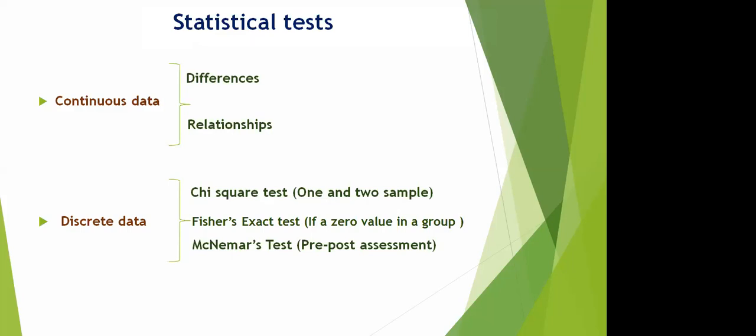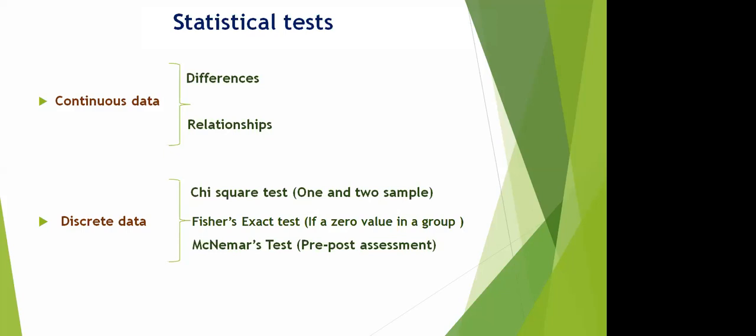These are the two possible situations while we do predictions with the help of continuous variables. We may want to prove that the difference between two or more groups is statistically significant or not, or whether the relationship between two variables is significant or not.